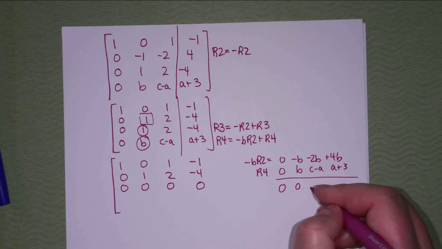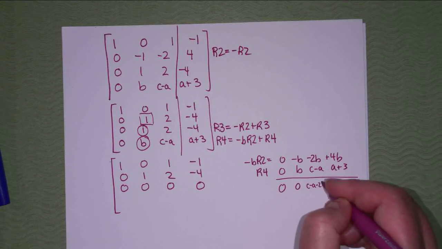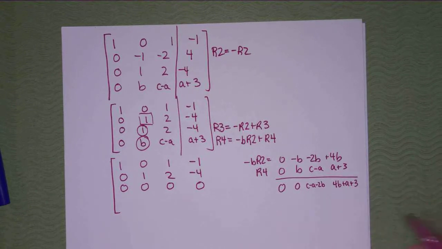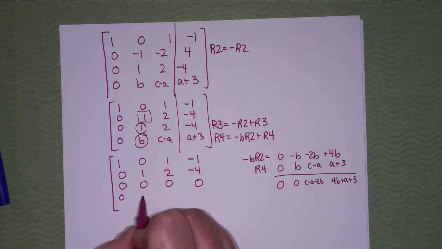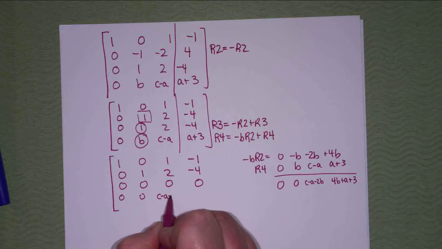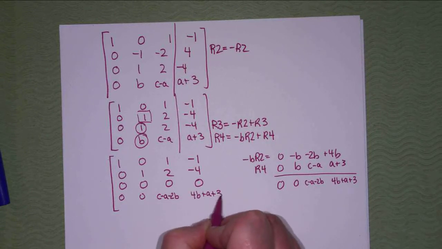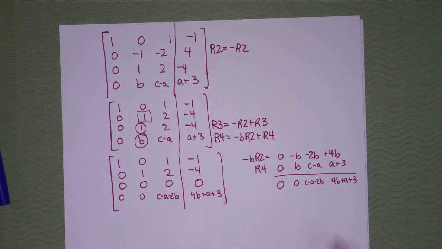So C minus A minus 2B, 4B plus A plus 3. All right, what next?